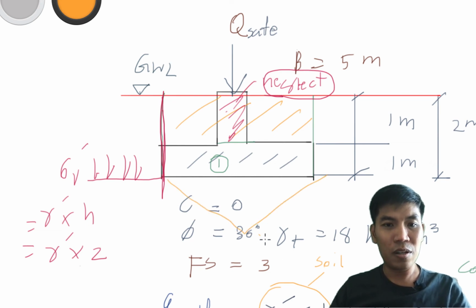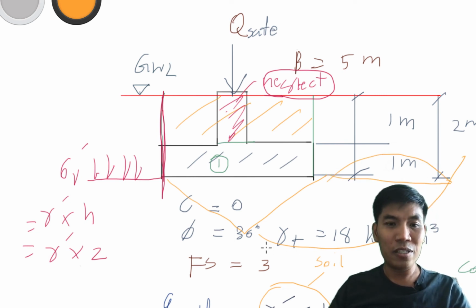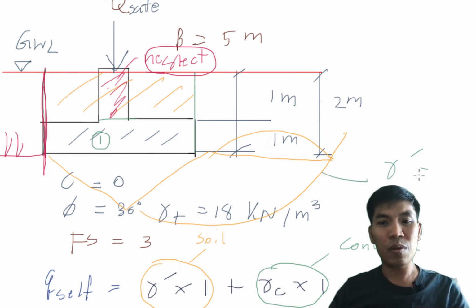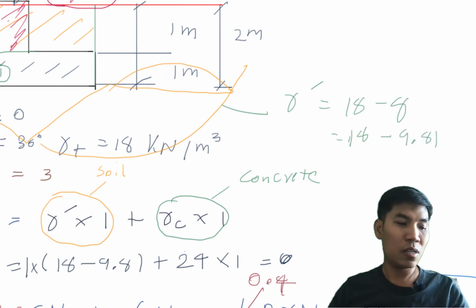The plane of failure occurs below the foundation. So that means all the plane of failure is submerged under the water. So we use gamma prime, gamma prime equal to 18 minus 9.81.